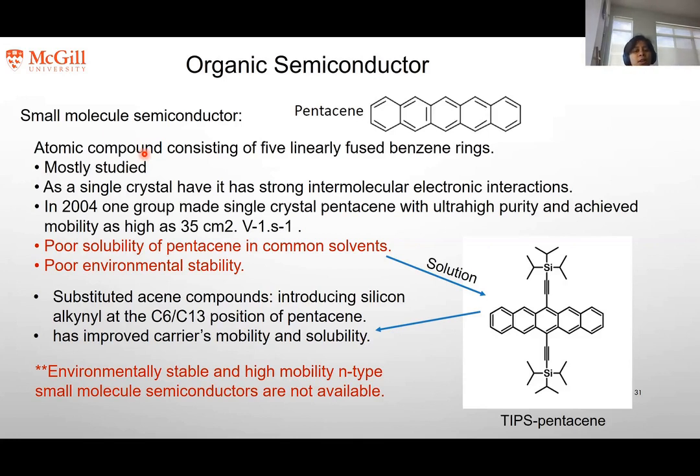The problem of making a solution out of them can be solved by substituting an acid compound. Mostly you can add a silicon alkyne group at the C6 and C13 position of pentacene.